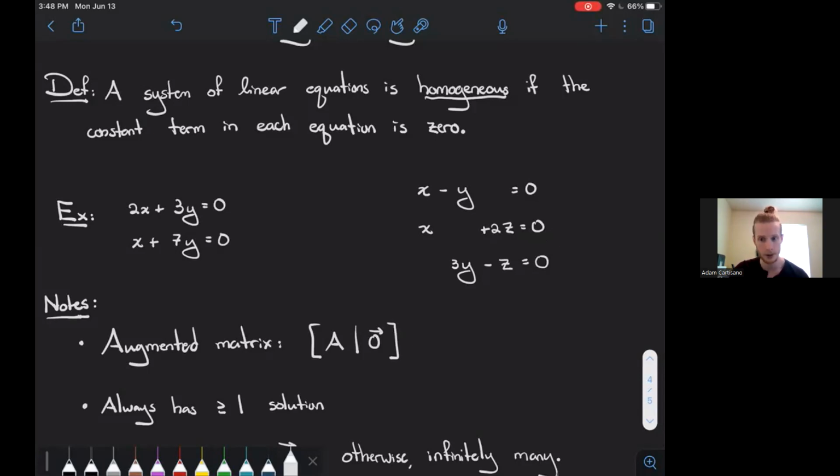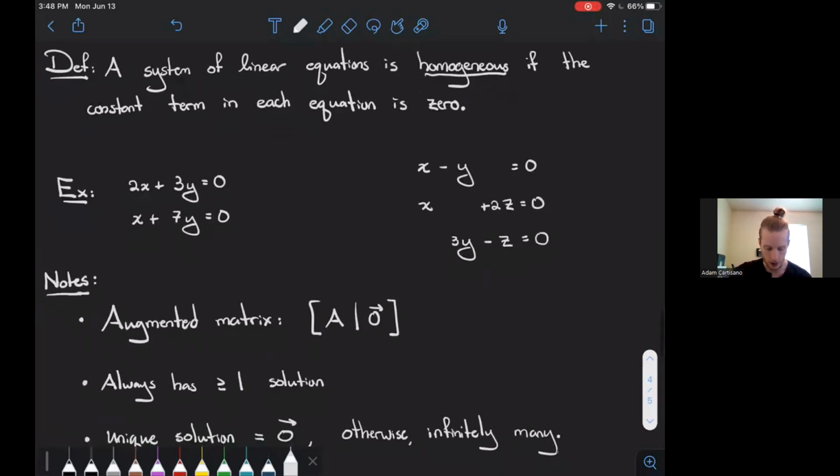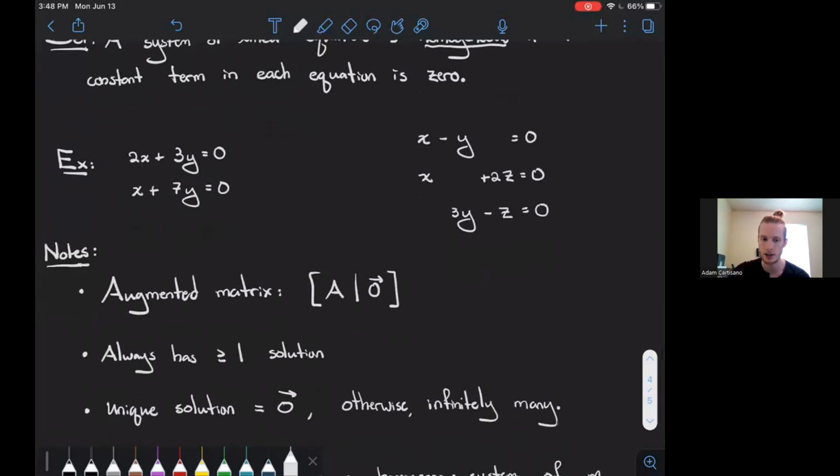You could have other solutions, and we'll talk about that in a moment. So like I said, the unique solution is the 0 vector. Oh, sorry, if there is a unique solution, right? So in particular, these systems are always consistent. But unfortunately, we don't know if there's going to be a unique solution or infinitely many solutions.